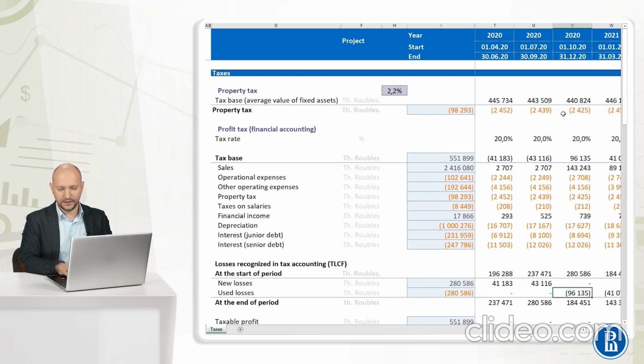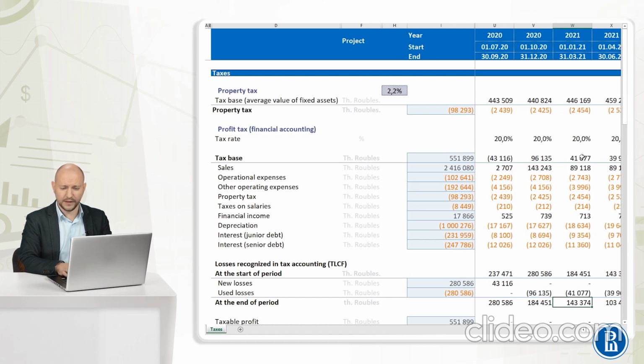So as we see, the company earned 96 million in profits, which means that we can use the same amount of losses in the past, which allows us to pay no tax at all. So we have used a part of our losses that we had in the past.